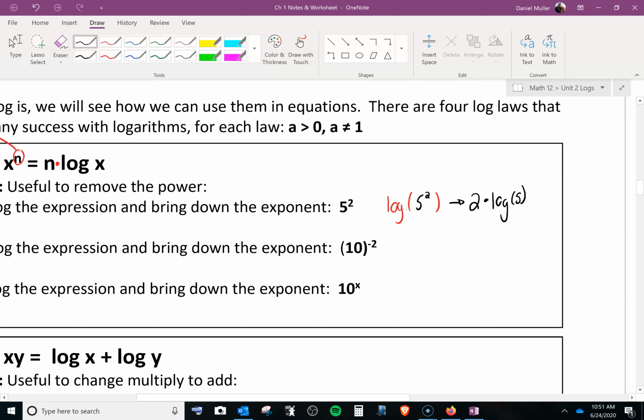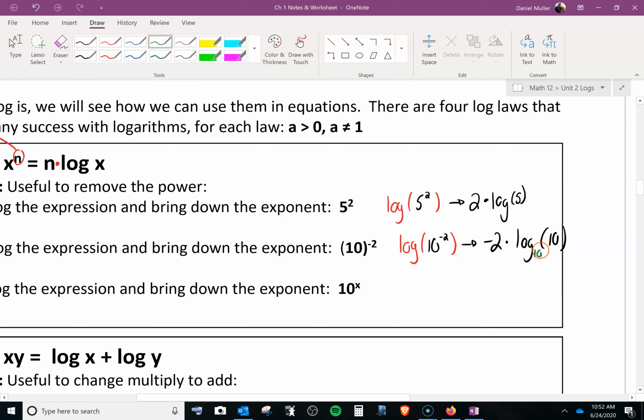Now, you can do the same thing here. If this was part of an equation and you were solving something, which is how I usually do this, when I solve things, 10 to the power of negative 2, well, that allows you to bring that negative 2 down and log of 10. Now, what's actually really interesting about this one, and I didn't plan this, is the number that's here is actually a 10.